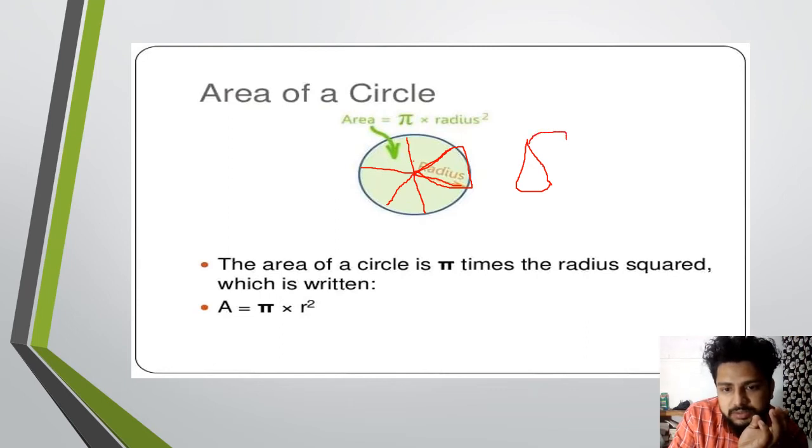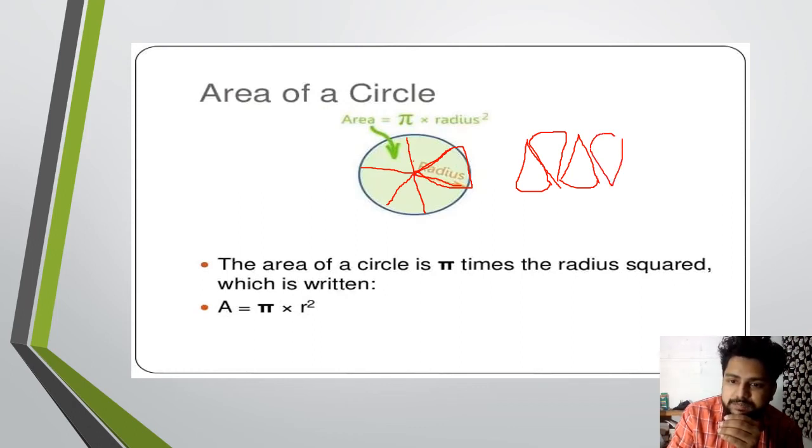Like this, just like this, I'm going to arrange many slices. I think you all are getting this. I'm going to arrange all the slices for you.